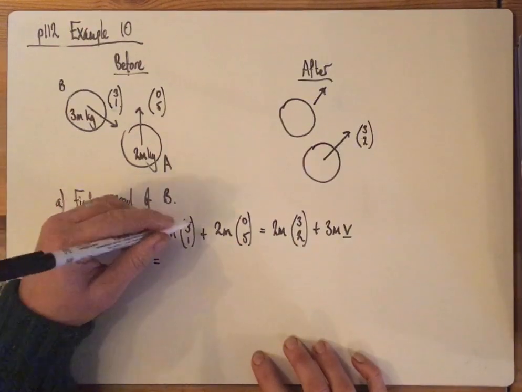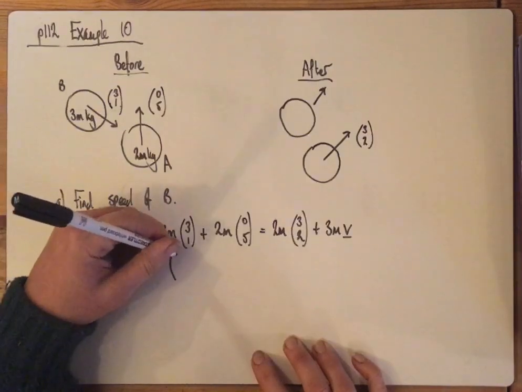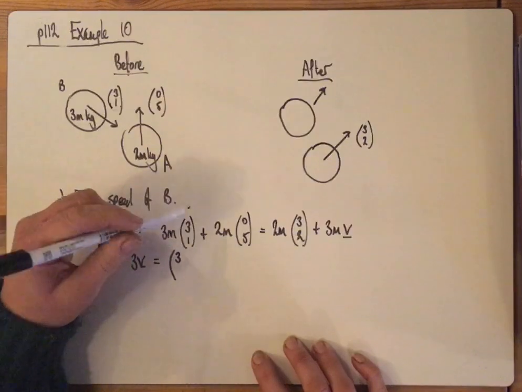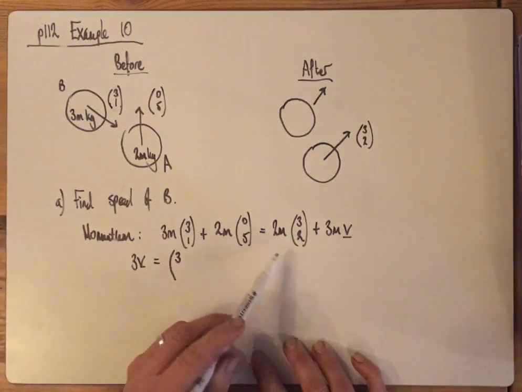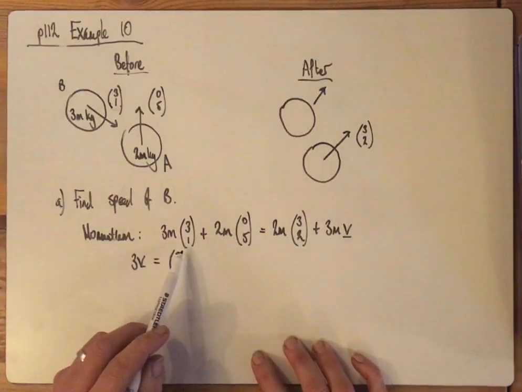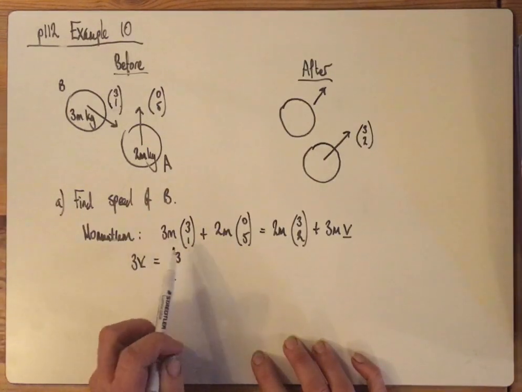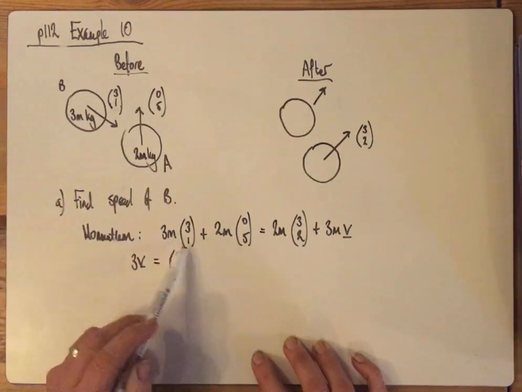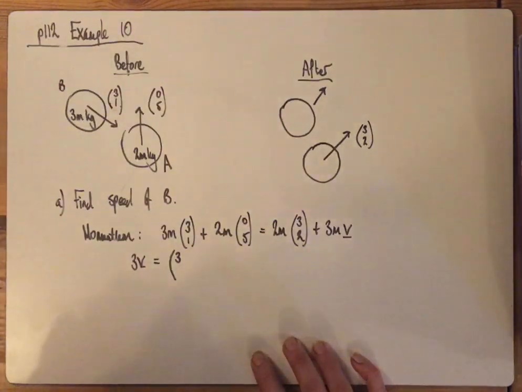so we've got 9 minus 6, which is 3i, and then I've got 3 plus 10 is 13 minus 4. Is that right? 3 plus 10 minus 4 is 9.